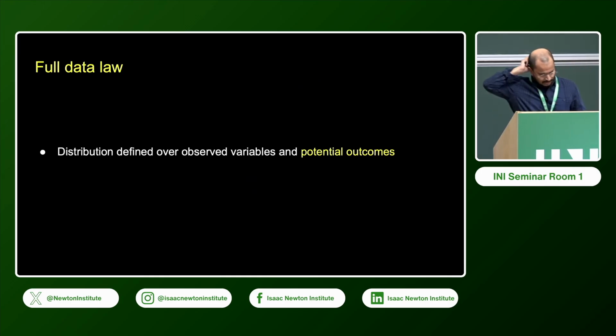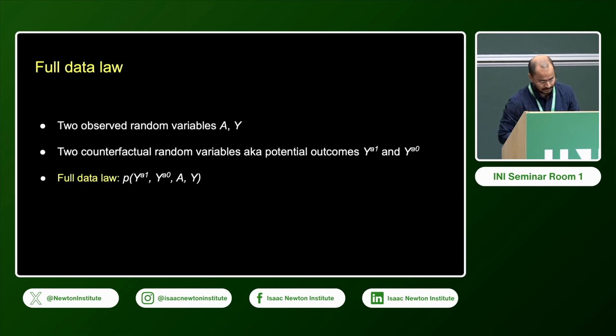Okay, all right, so the full data law is the distribution defined over observed variables and potential outcomes. And so here's a full data law that's defined on the observed variables A and Y, and defined on 2 potential outcomes, Y^{a=1} and Y^{a=0}. So the value of Y had I intervened on A and set it to 1 and set it to 0.